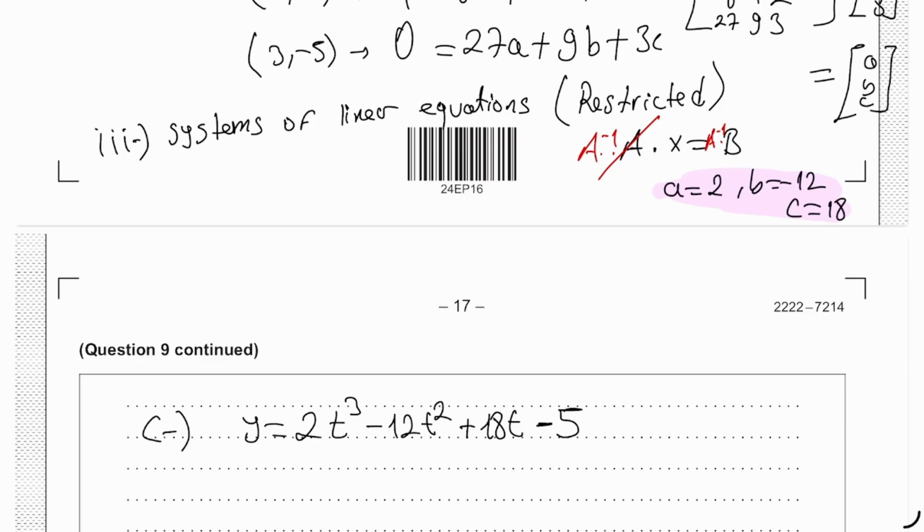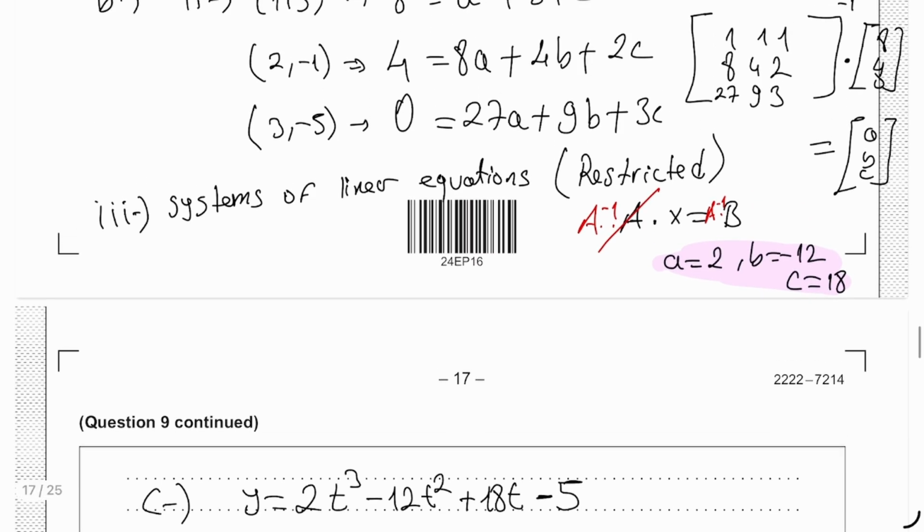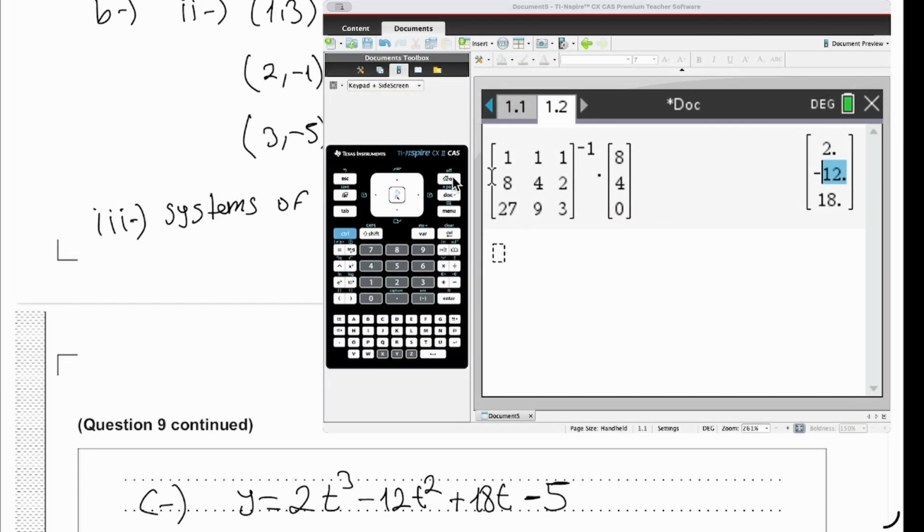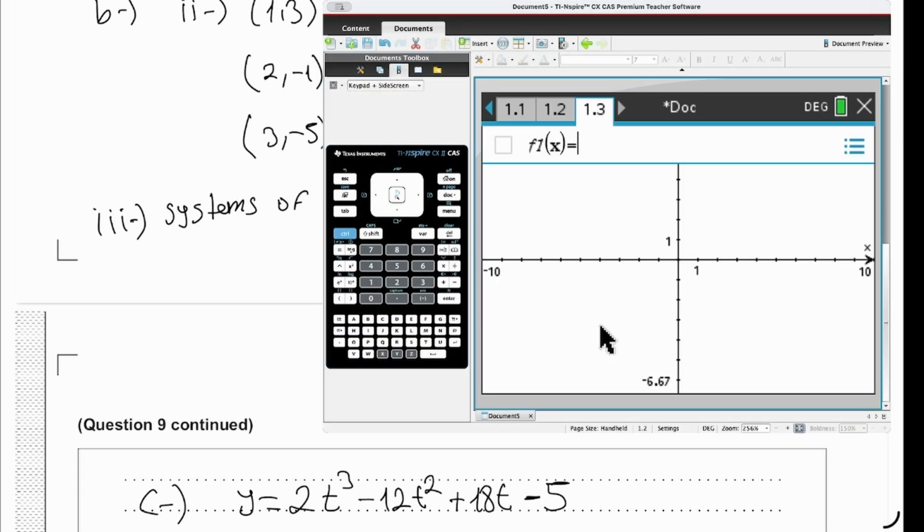I just put the values into our function. Then we can sketch the graph and find its intersection points. How do you do it? Go to the graph menu. Instead of t, I'm going to write x.